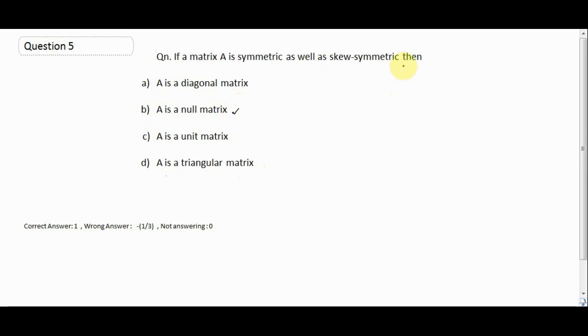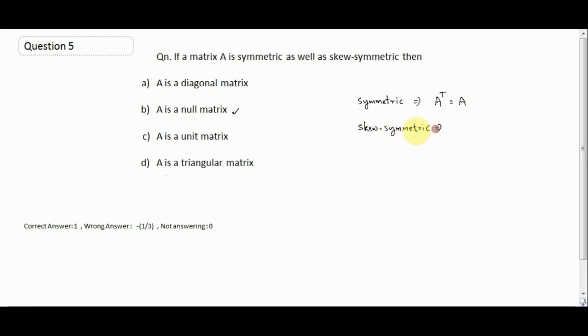Let's see how to solve this. Here in the question it is given that matrix A is symmetric. So it means that A transpose is equal to A. Okay, now it's also given that matrix A is skew symmetric. So symmetric and skew symmetric at the same time.